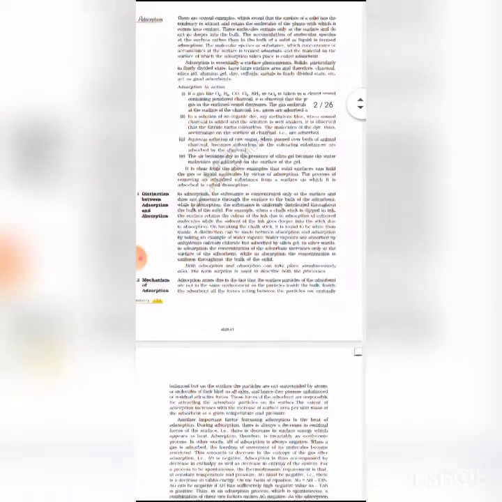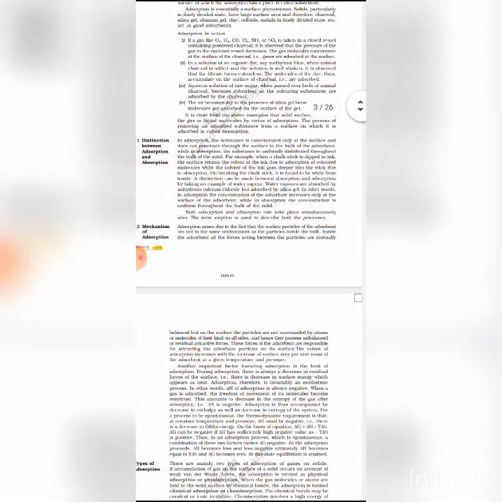Now absorption. Absorption is the phenomenon in which a substance is uniformly distributed throughout the bulk. So adsorption means accumulation of substances on the surface, but absorption is a phenomenon in which the substance is uniformly distributed throughout the bulk.